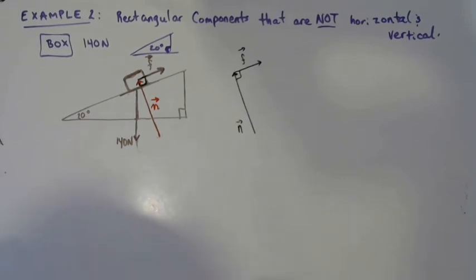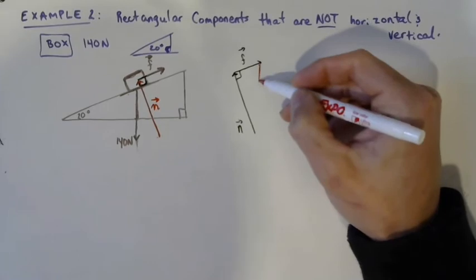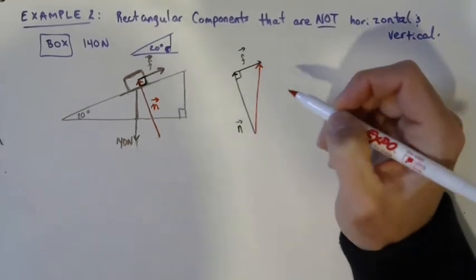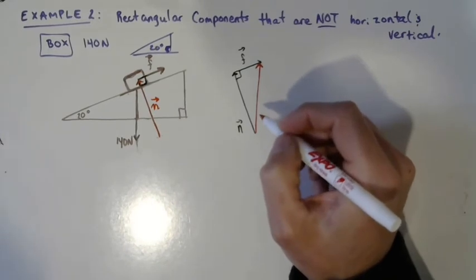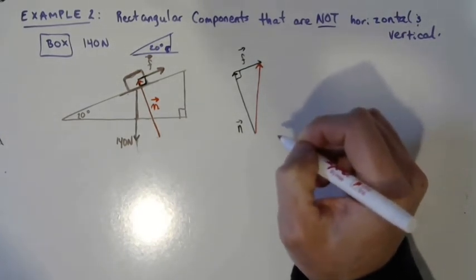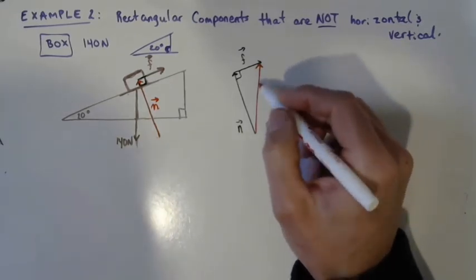And now I can see the sum of these vectors, the resultant, just completes the right angle triangle with a hypotenuse here. And my goal then is to find out what this vector is, okay? And actually, it's not to find out what this vector is. I know what this vector is.